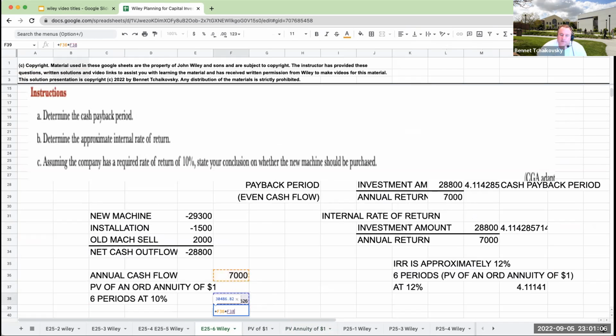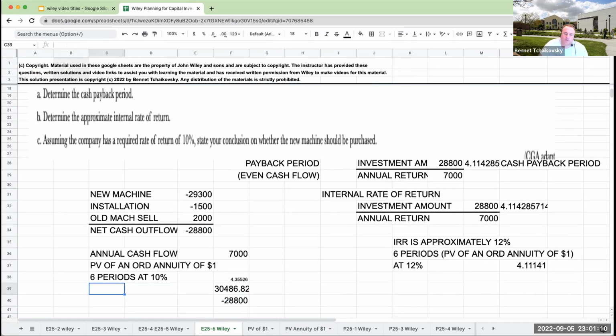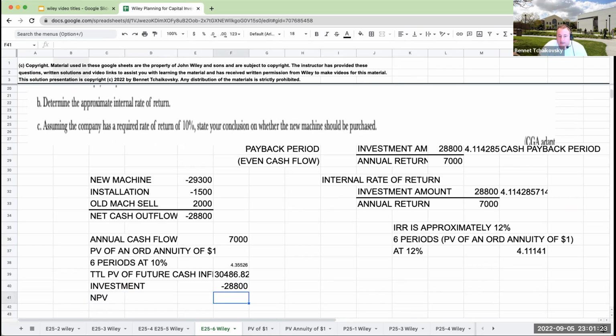If I multiply the 7,000 by this, I get 30,486.12. So my net present value at 10% is going to be a positive 1,686. If that's my required rate of return, we easily meet it, but we already knew it because the internal rate of return is approximately 12%.